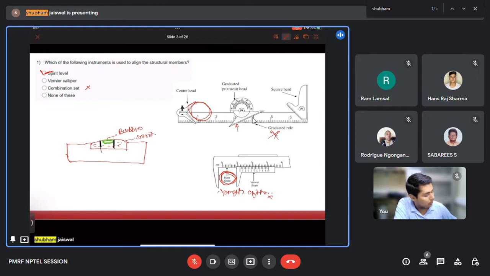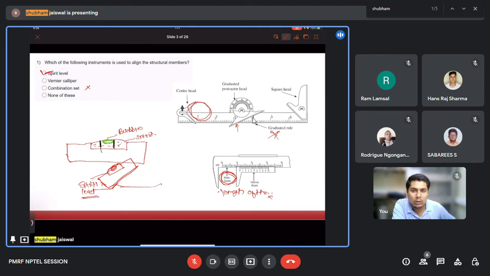If there is any small deviation like this, we can use a spirit level, and according to the position of the bubble in the spirit level, we can align our member. So the correct answer is spirit level.